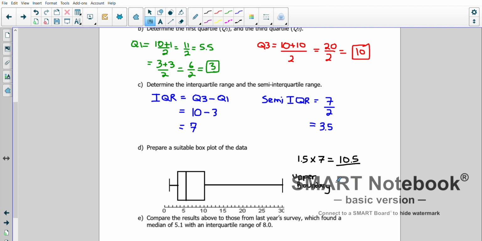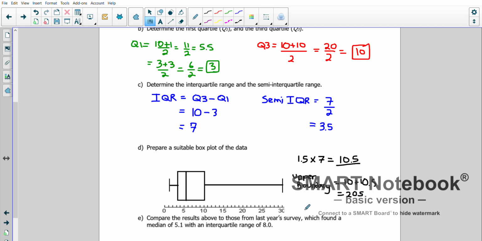Well, it's going to equal 10, because that's this distance right here, 10. Is it 10 plus 10.5? So any point above 20.5 is considered an outlier.